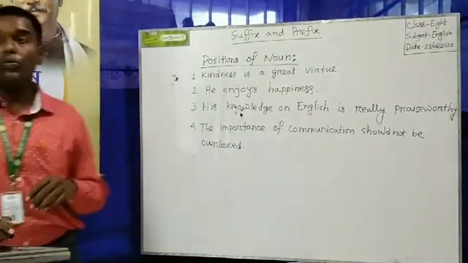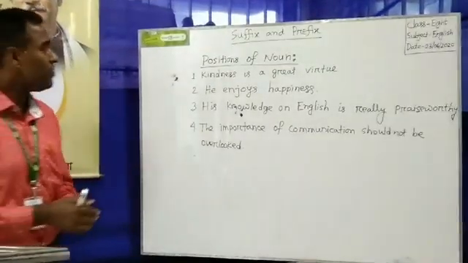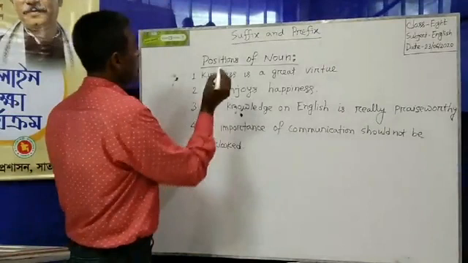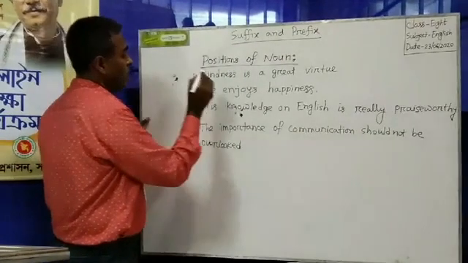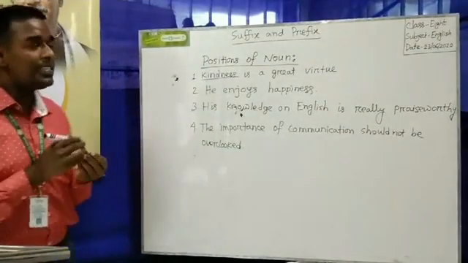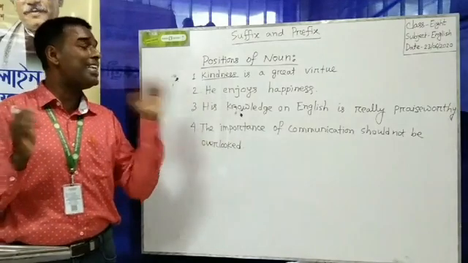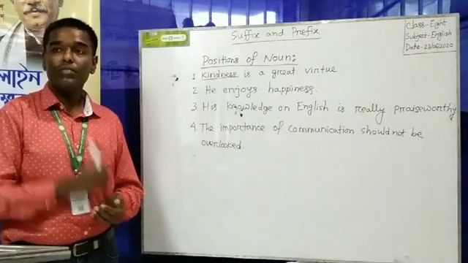Dear learners, I have written down 4 sentences here. Now I am going to discuss the positions of noun here. At first, sentence number 1, kindness. Here kindness is a noun. What is the position of kindness here? Can you guess?